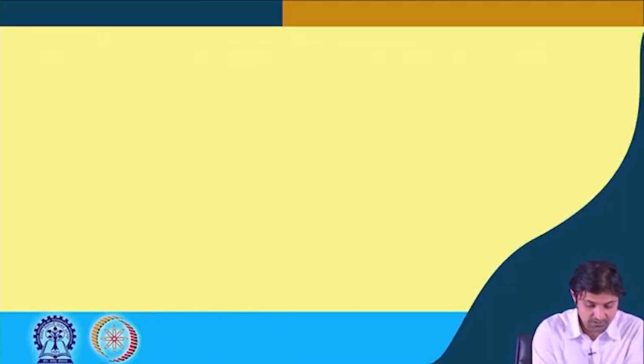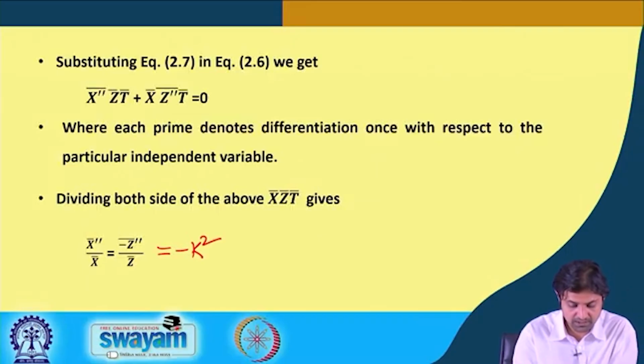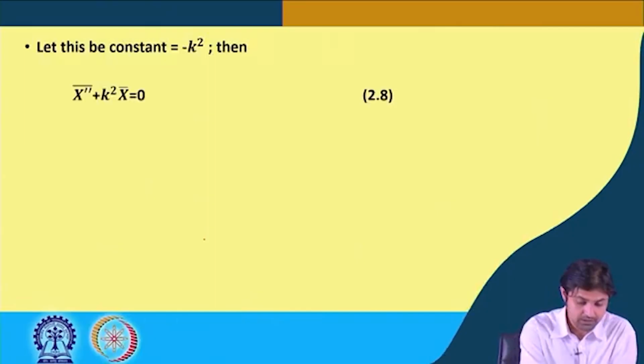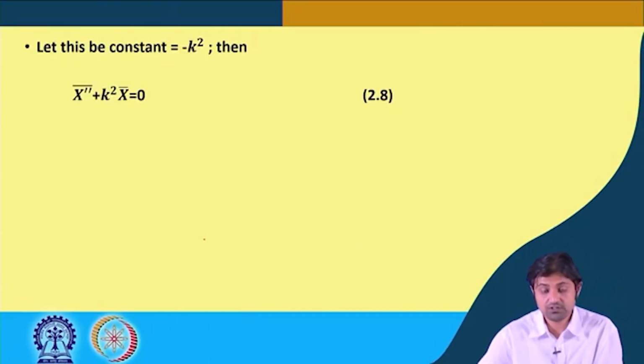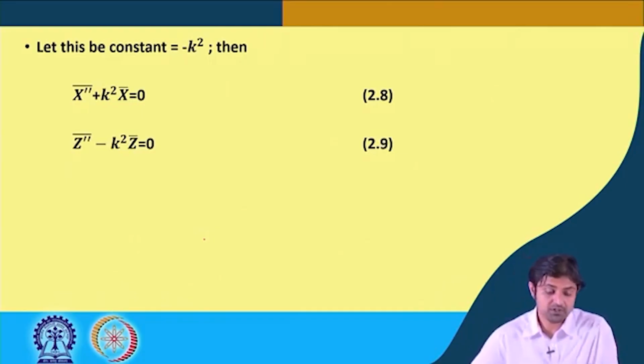Now, let us say this is a constant, minus k square. Then we can write one of the equations as X double prime bar plus k square X bar is equal to 0, and the second one will be Z double prime bar minus k square Z bar is equal to 0. These two are very famous equations. The solution for this is standard.